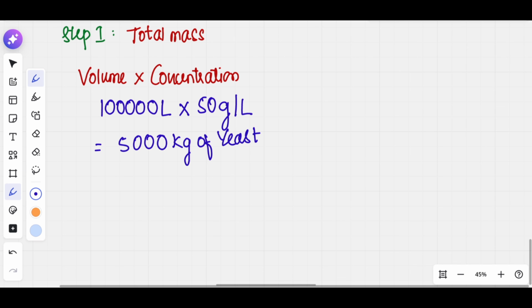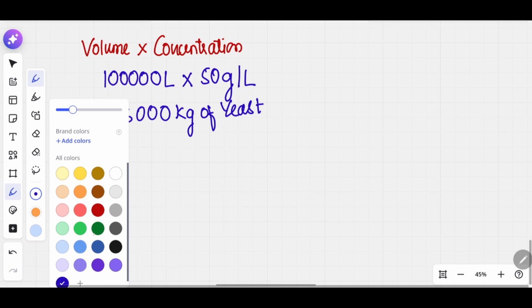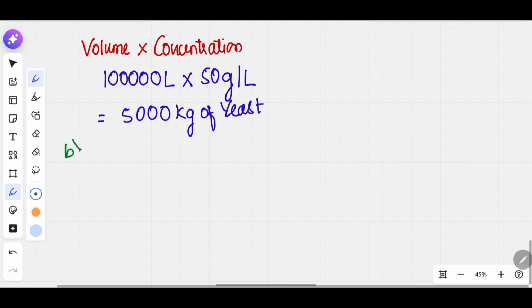Okay. So let us move on to step 2, which is about the chemistry. The recipe. Now look at the chemical equation provided. This is the whole recipe that is used for the fermentation process.